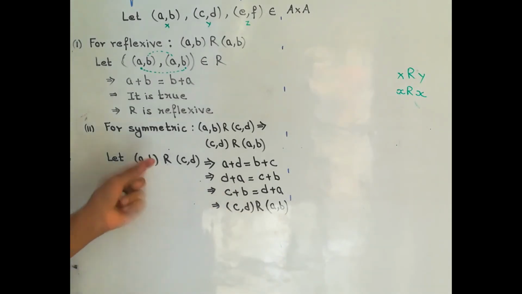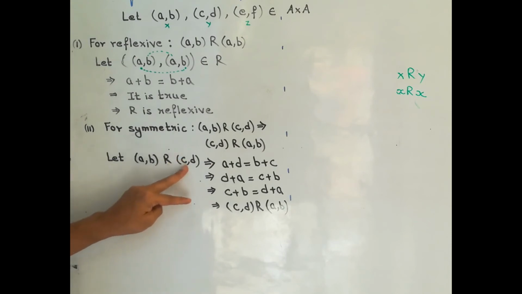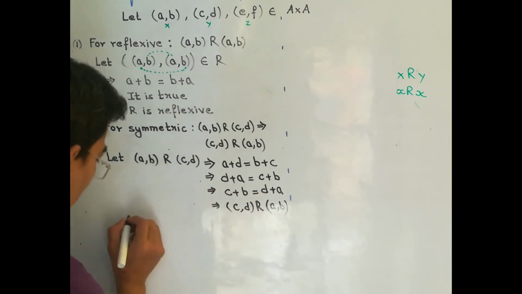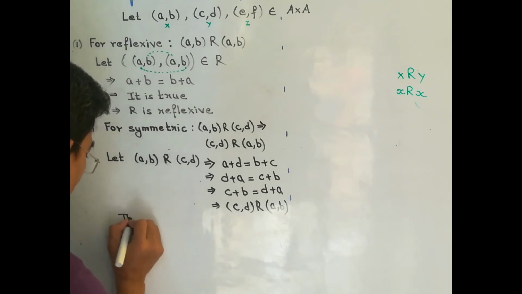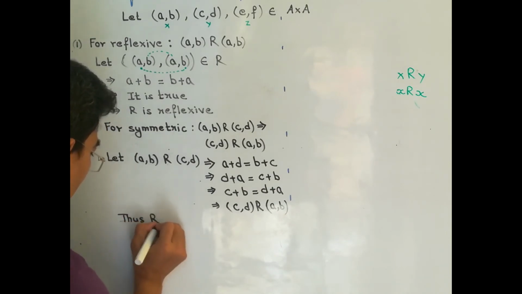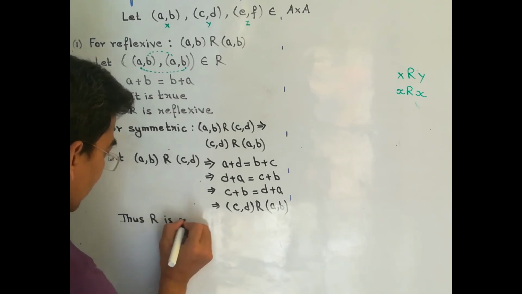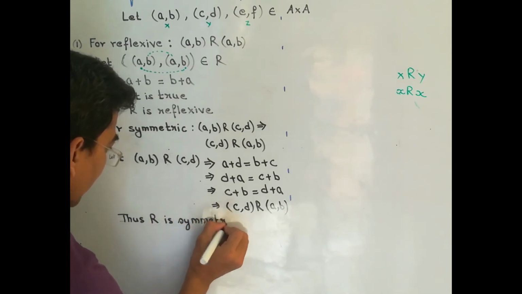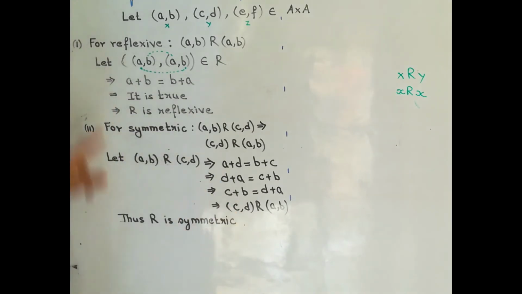So we considered x related to y and got y related to x. Thus R is symmetric. Here we have shown that the relation is symmetric also.